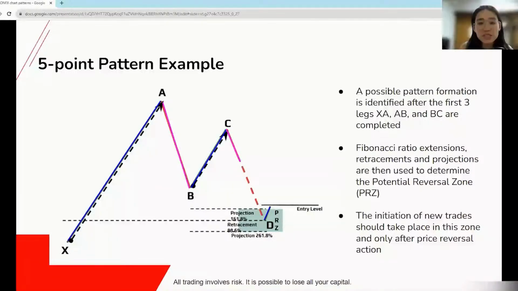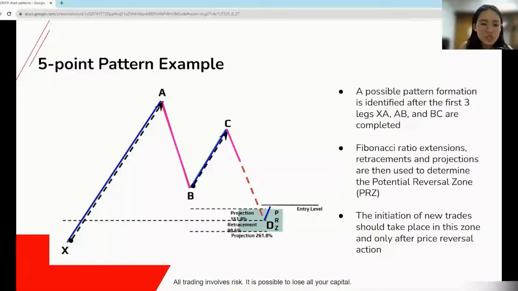Here is how we use Fibonacci in this case. A possible pattern formation is identified after the first three legs: XA, AB, and BC. Then we see where exactly we can place our entry level. Normally, your entry level would come after this neckline area here, because that's where you get downside confirmation.